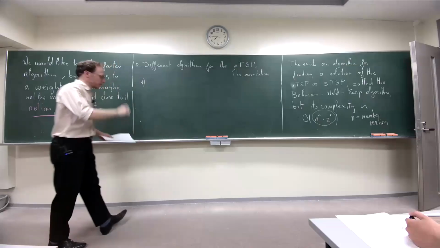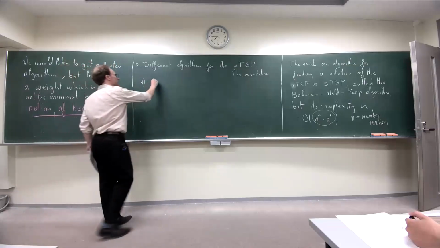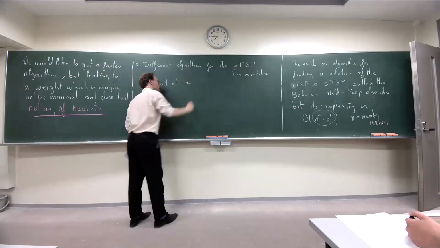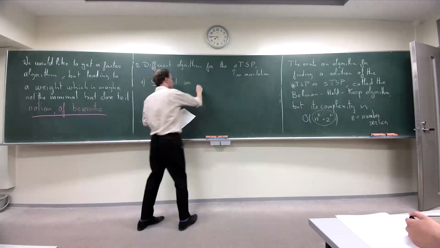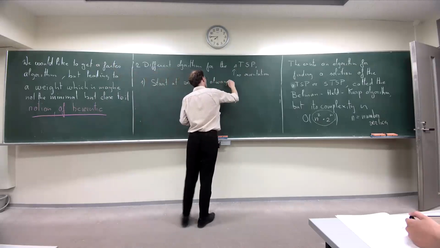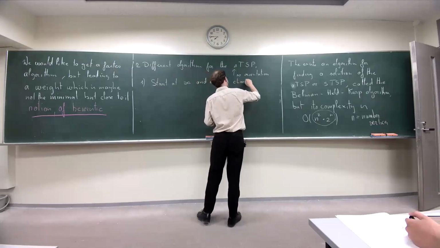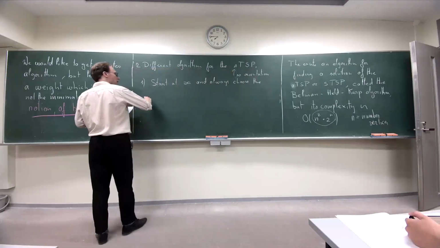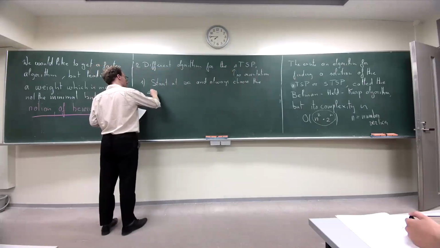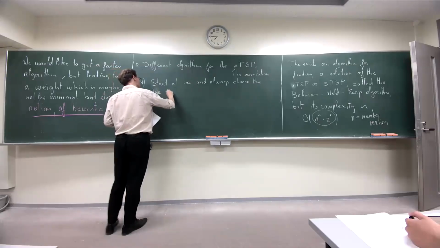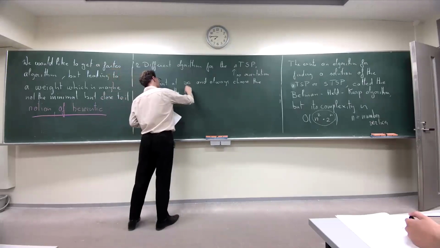So the first one, which is the most stupid one: start at any x, and always choose the next edge with a minimal weight.